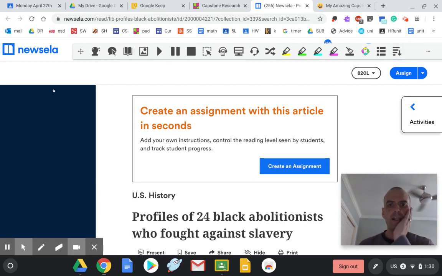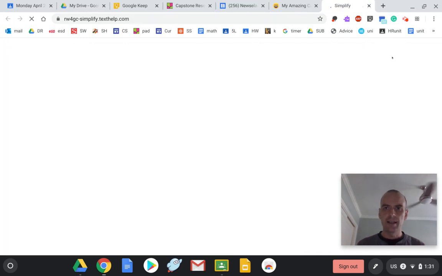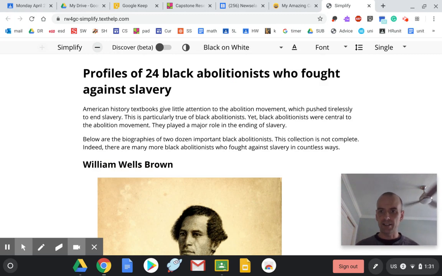Now there's a couple things that I like to use with this toolbar. The first thing is you can scroll over everything and it tells you what the tool does. Okay. So what I like to do is see this last tool. I like to simplify the page because oftentimes these websites are busy. So watch, simplify. And it changes it to just the text.